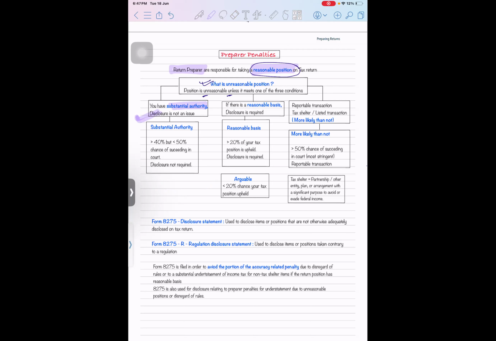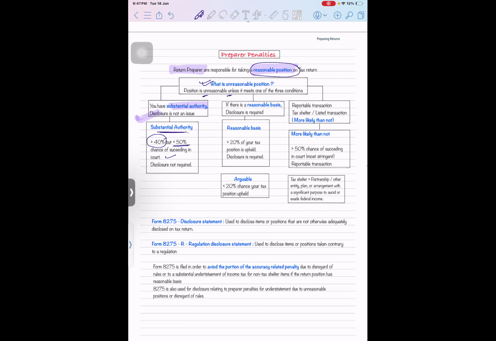There is a tab in the tax return where you can attach a disclosure statement. Substantial authority means more than 40% chance, but up to 50% chance, of succeeding in court.